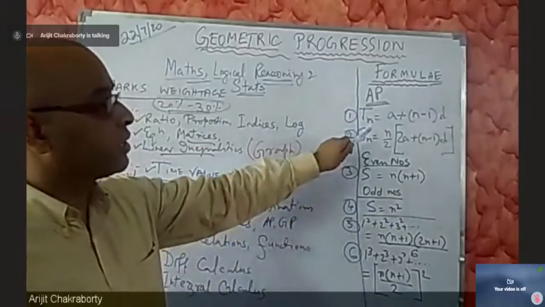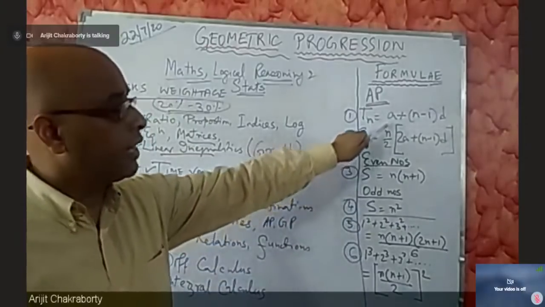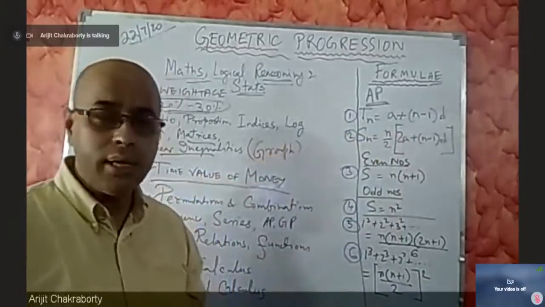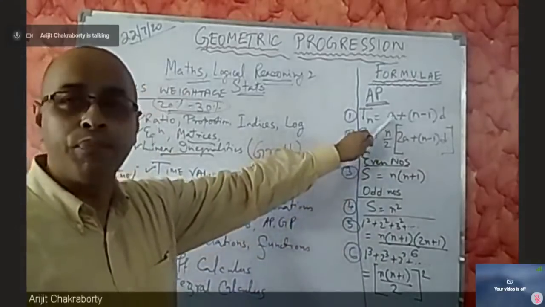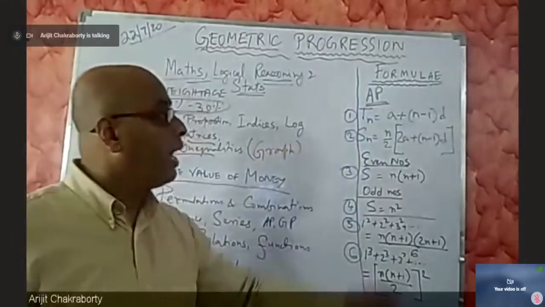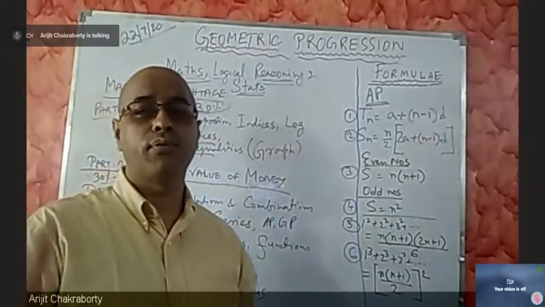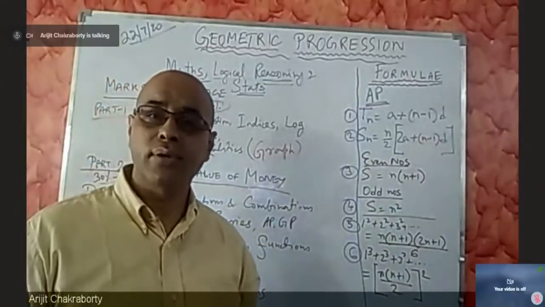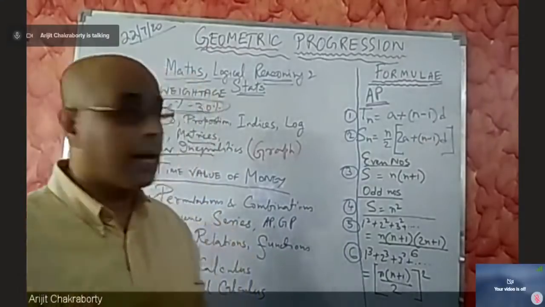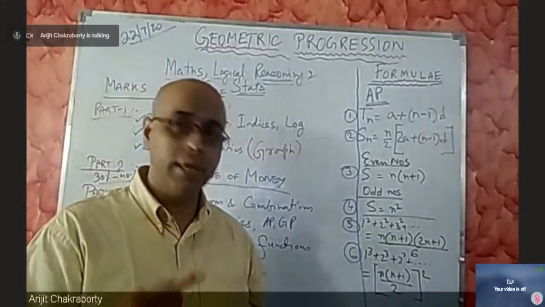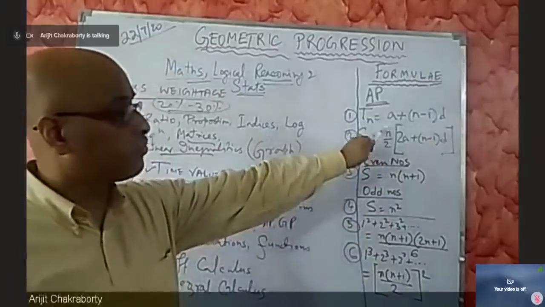So first is nth term, Tn equals a plus (n minus 1) into d, where a is the first term, n is the number of terms, and d is the common difference. Right? 1, 3, 5, 7, 9. Here the common difference is 2, and a, the first term, is 1. So this is the first formula.